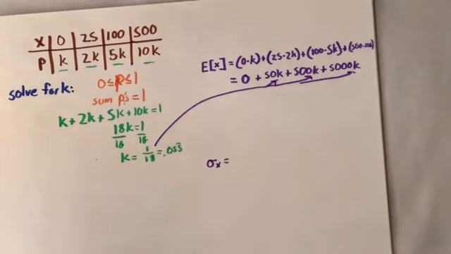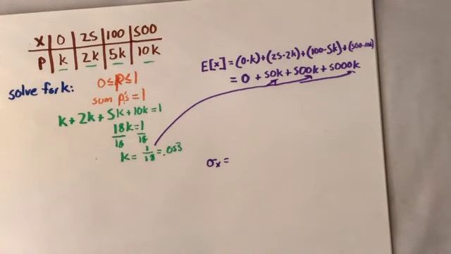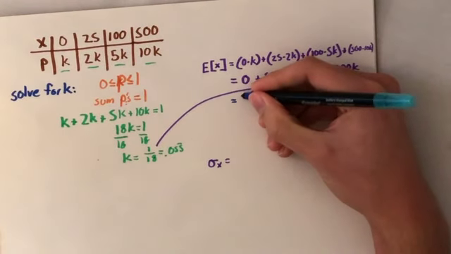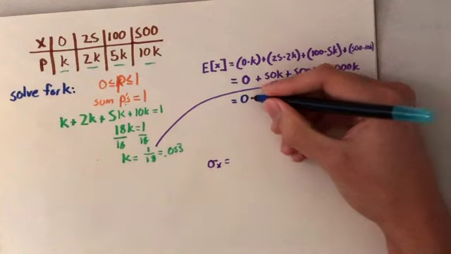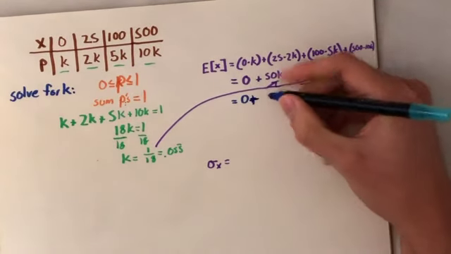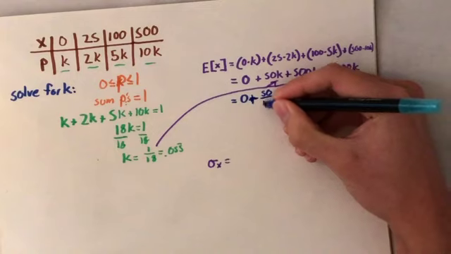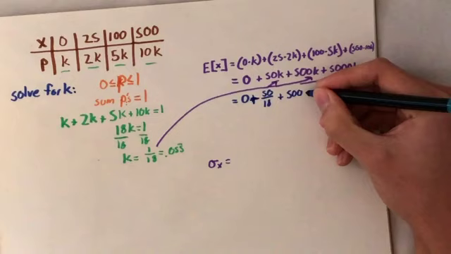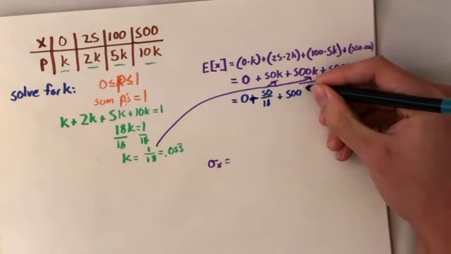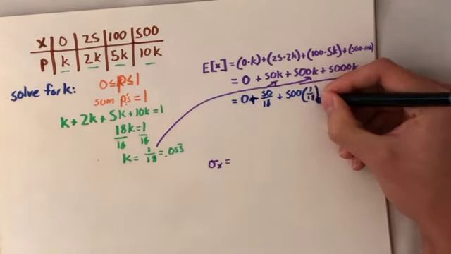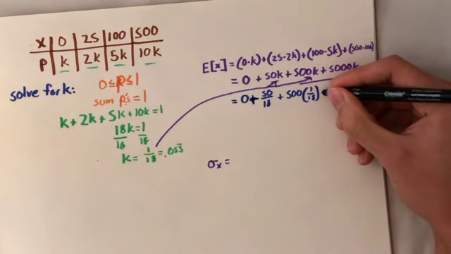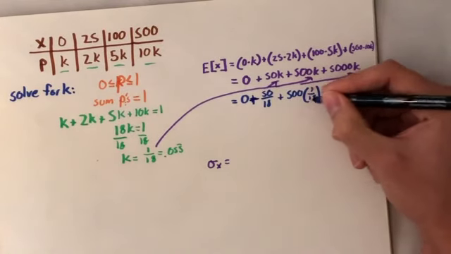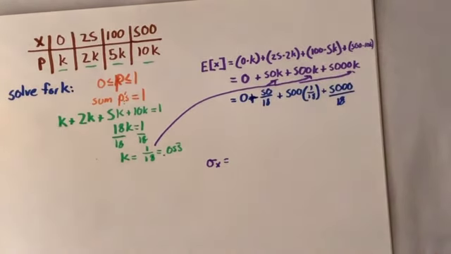In blue, we still get 0 here, plus 50k, which is just 50 over 18, since k equals 1 over 18, plus 500 times 1 over 18, which is 500 over 18, and the same thing here, 5,000 over 18.